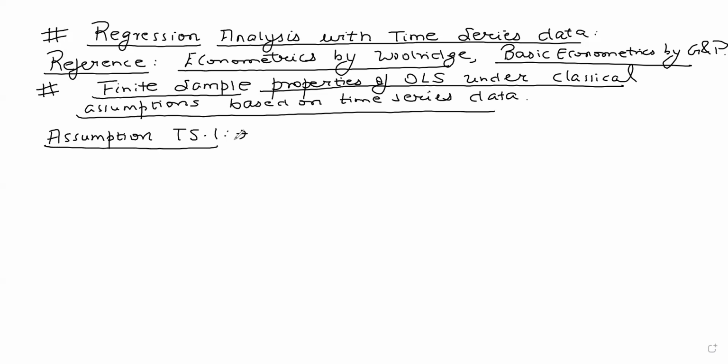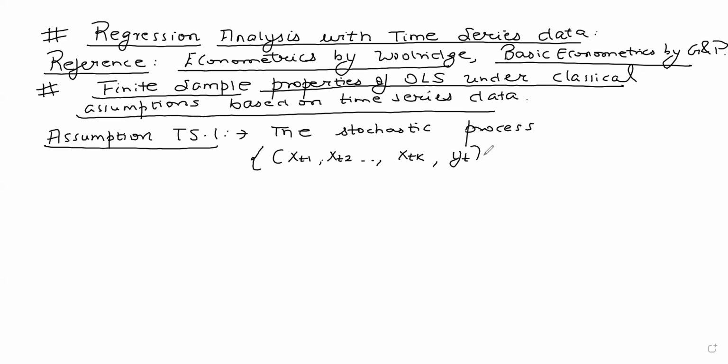Okay, so I can say that the stochastic process, where I have a set consisting of the explanatory variables xt1, xt2, up to xtk. So I have k independent regressors at the time period t, and I have yt, and t itself is a time period which goes from 1 to n.